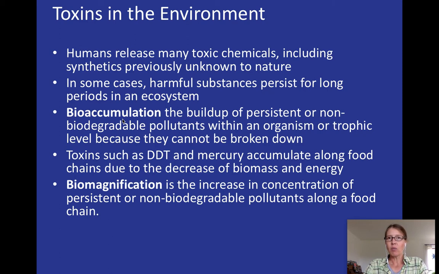But then, because of the efficiency of the pyramids in our ecosystems, of our trophic levels, it tends to actually end up making that toxin more concentrated as you move up the food chain. And the fact that it becomes more concentrated as you move up the food chain is biomagnification.